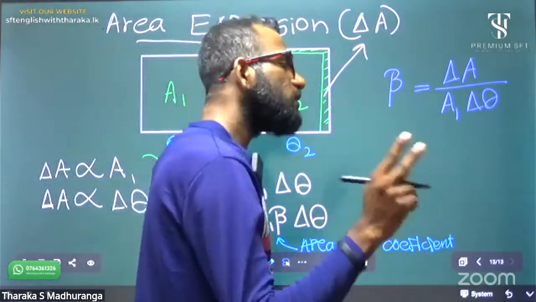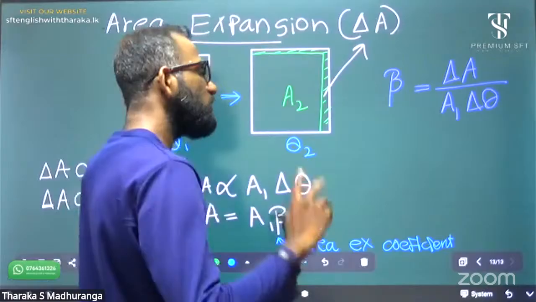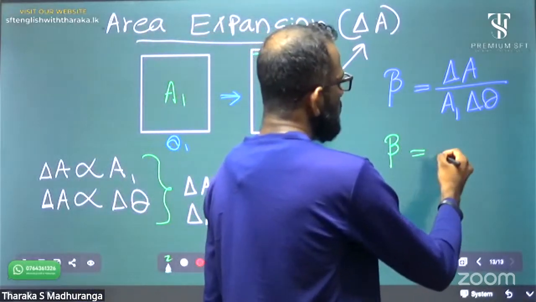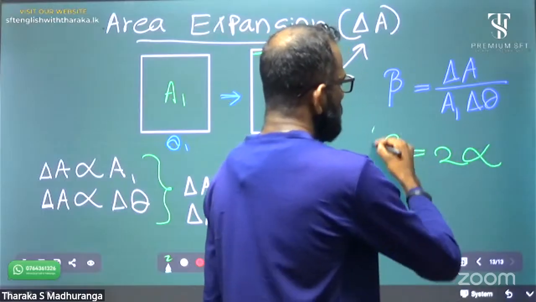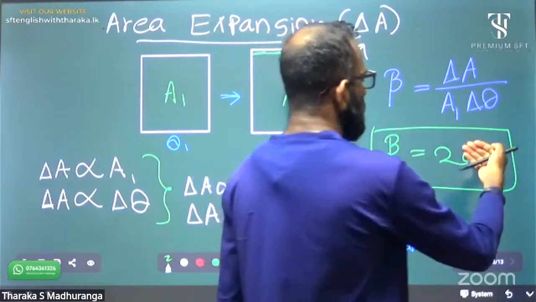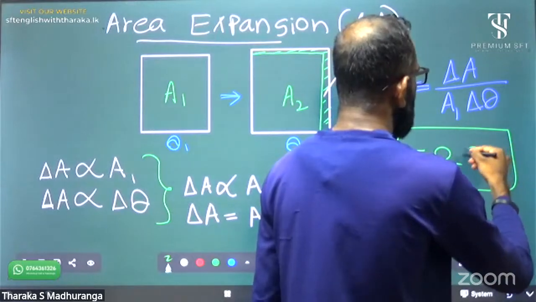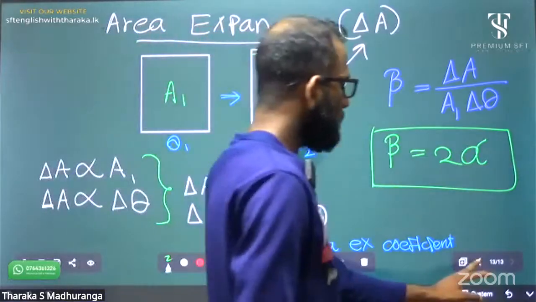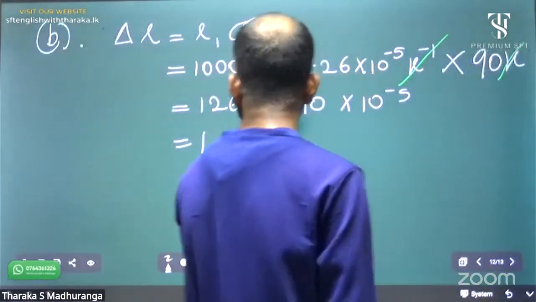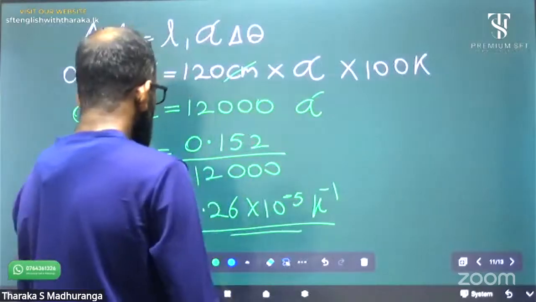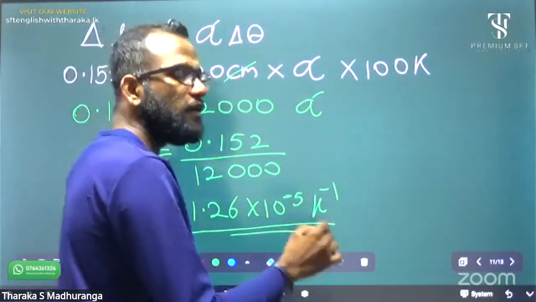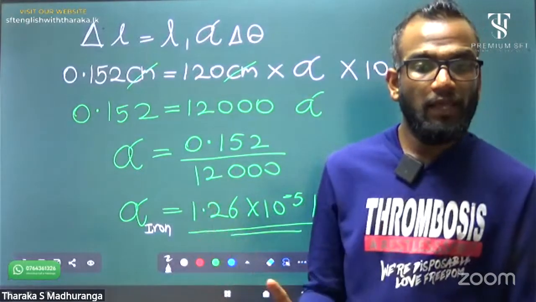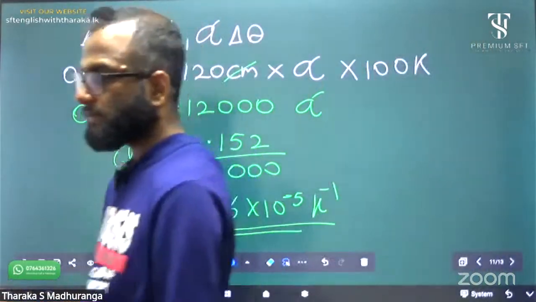The other most important thing, do you remember I told you beta is always 2 times alpha? Always, for any substance. As an example, iron linear expansion is 1.26 into 10 to the power minus 5. Then what is iron area expansion?